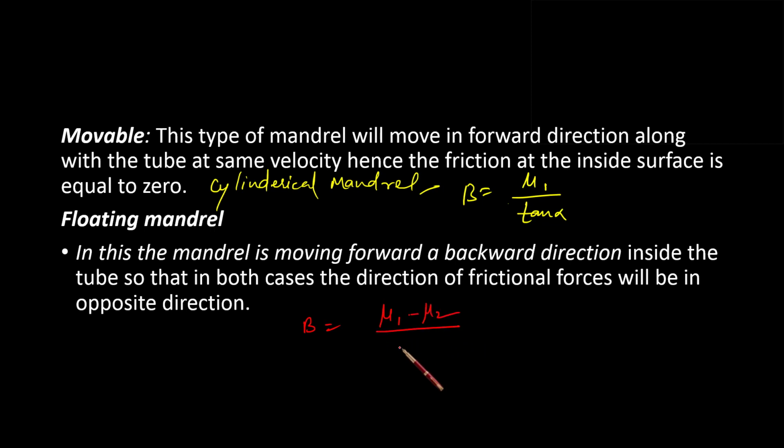So minus mu2 tan alpha. Both mu1 and mu2 will be in opposite direction, right? So tan alpha, tan beta will not be there, it is moving with the tube, so it can move in forward or backward direction.